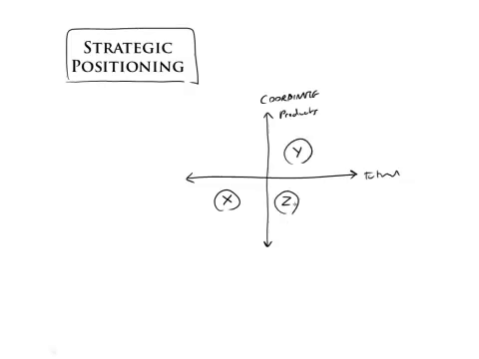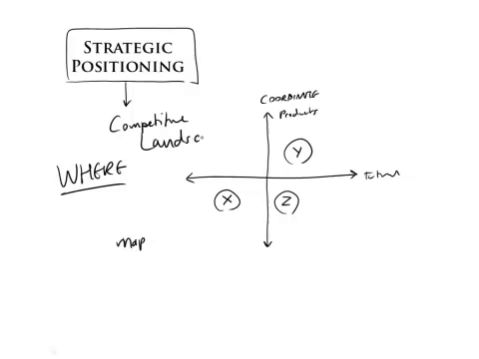Strategic positioning, isn't it in the end really a map of where we are in relation to our competitors? Isn't strategic positioning really about some kind of competitive landscape? And when we think about a landscape, aren't we really thinking about where the pieces are?